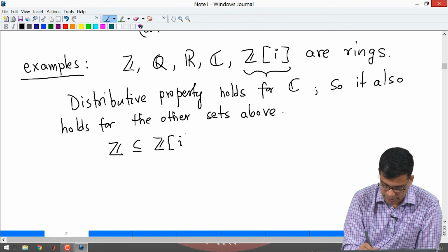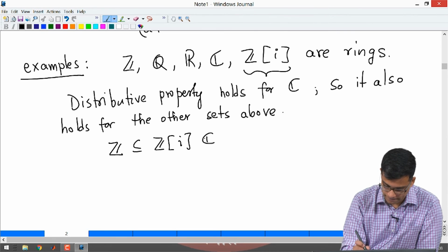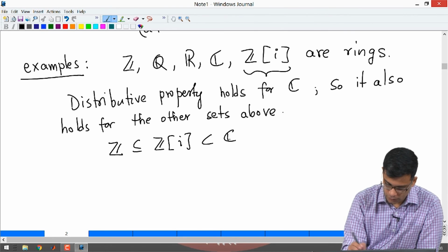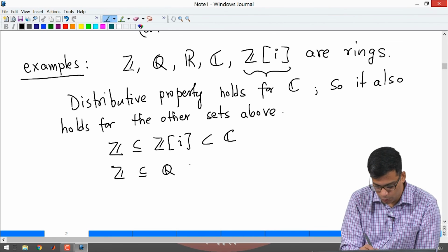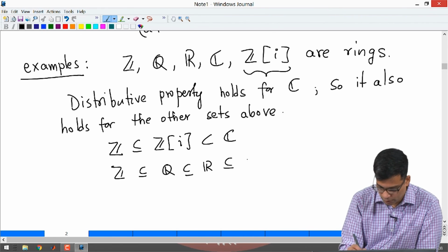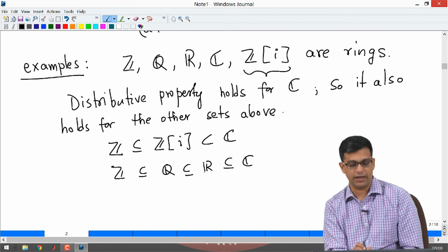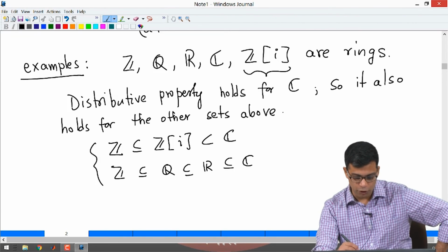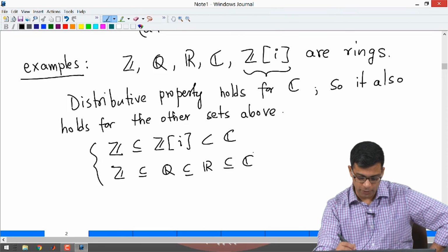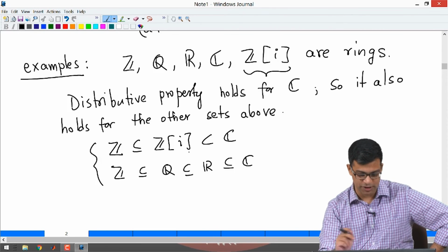You have Z inside Z[i], inside C. Z is certainly contained in Z[i]. You also have the inclusion Z contained in Q, contained in R, contained in C. Remember, Z[i] is not contained in R. So, we have these two inclusions. So, if the distributive property holds for elements of C, it holds for all these subsets.